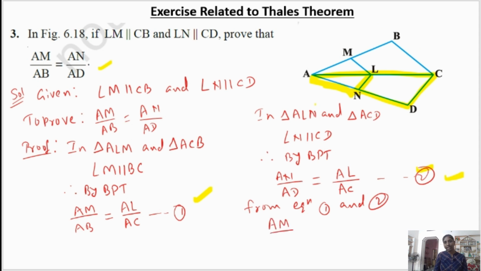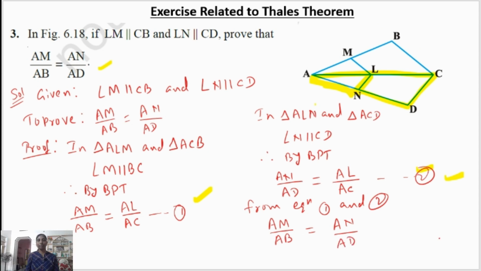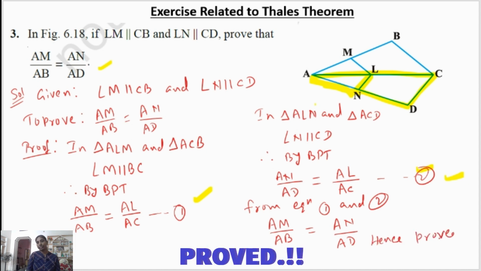AM by AB is equal to AN by AD. This is what we have to prove. So we will write hence proved. Clear? I hope it is clear to all of you. Now let's move to the next question.